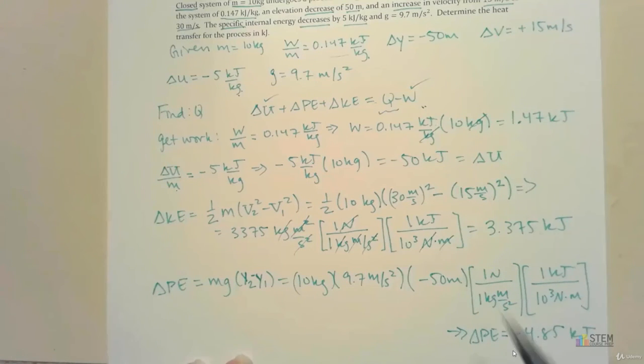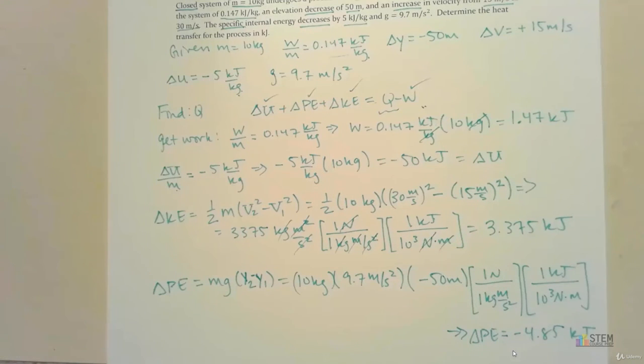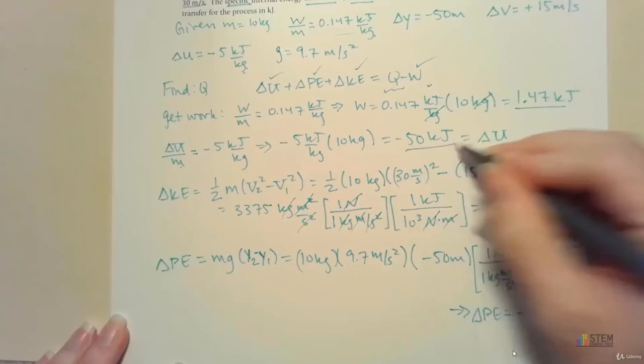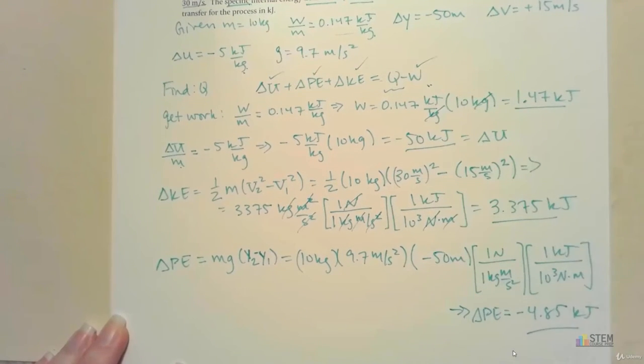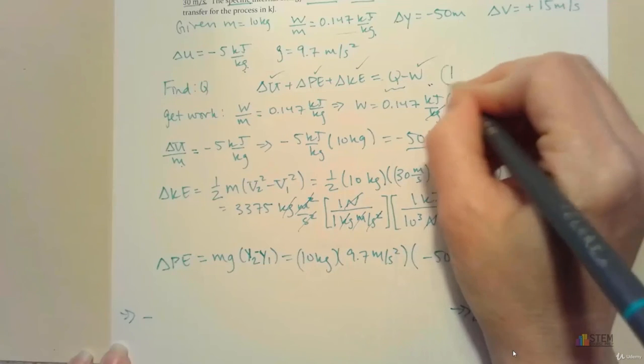Now we've got everything we need because we did KE and PE. Everything in that energy balance equation we have except for Q, and Q is what we're looking for. Now we just take our values, plug them into that equation, and solve for Q. Let's call this equation 1.